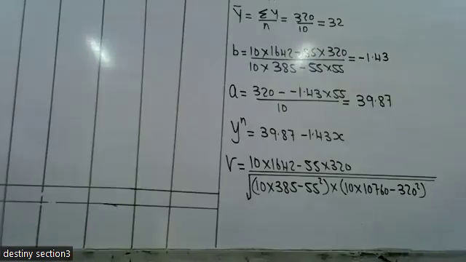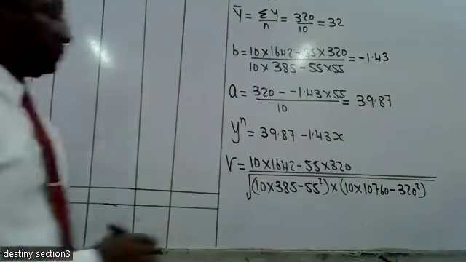Then inverse of that, multiply by, open the brackets, 10 times 1642 minus 55 times 320, close the brackets, equals. I'm getting negative 0.57.